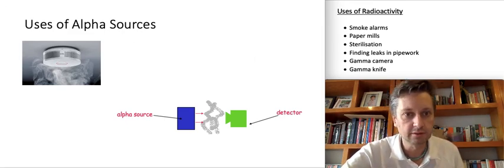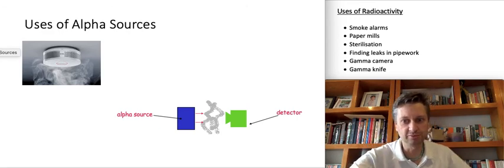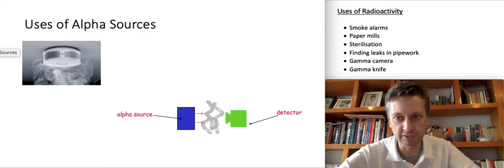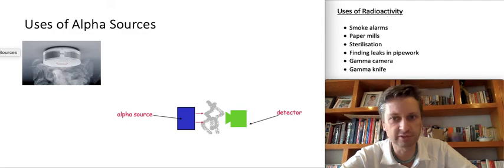Okay, that's a nice example of the use of an alpha source. And it also, by the way, says that you should be very careful how you dispose of your smoke detectors when you're not using them anymore, because they could contain americium-241, which has a half-life of, I believe, something like 400 years.